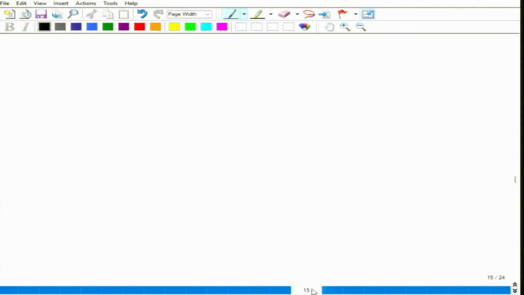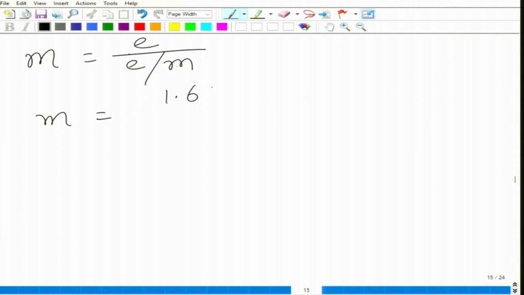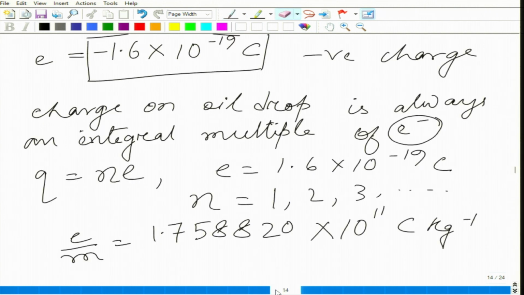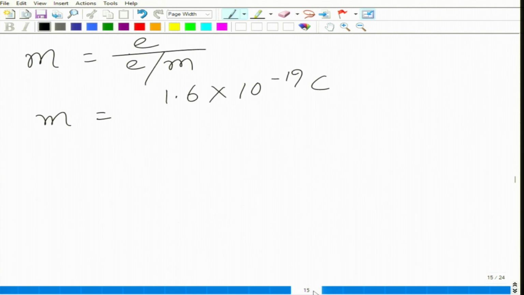From this we can calculate the mass of the electron as e divided by the e to m ratio. Okay, so the e by m ratio is also negative, since the charge of the electron is negative, so this value is also negative.